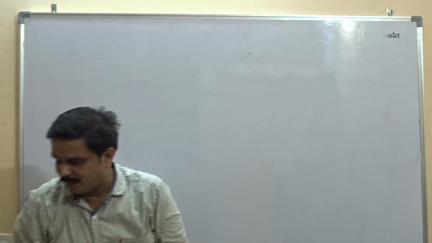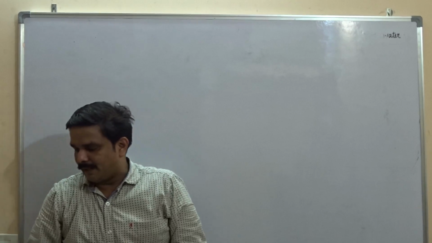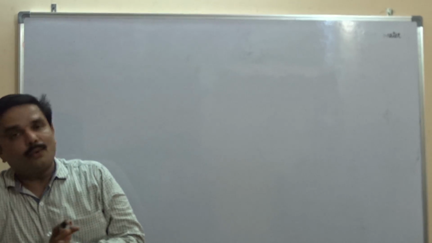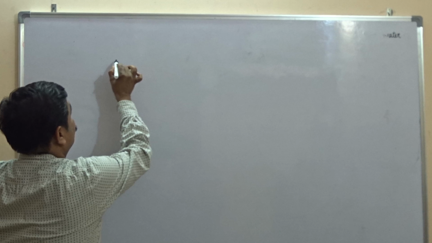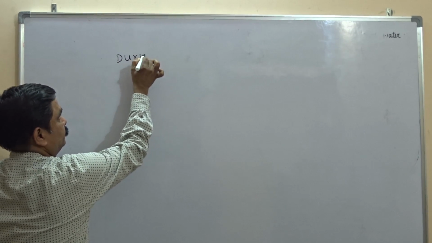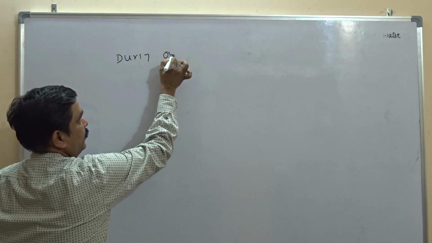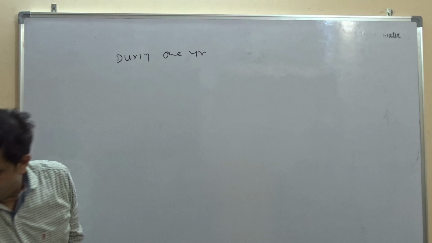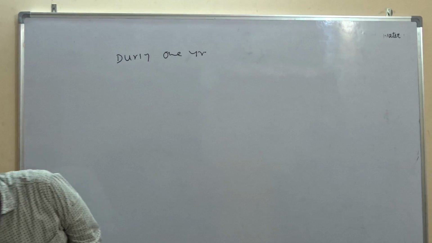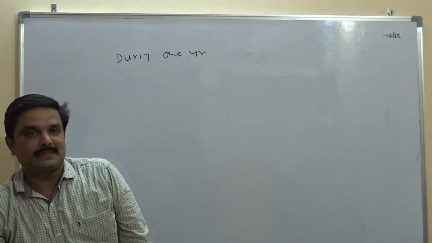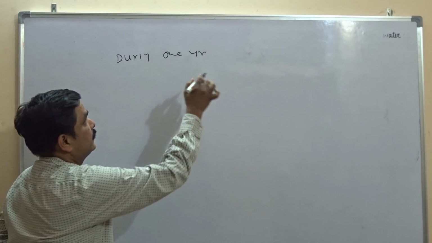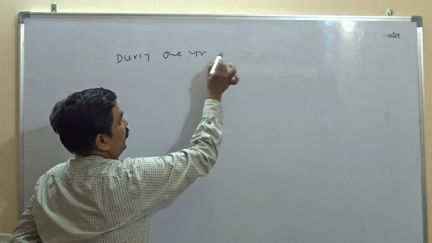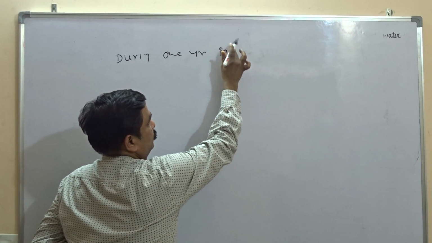Alright. In the reverse way, if they give the problem in this way, let us go for this one. Right, let's take in this way. During 1 year, the population of a village increased by 5%.